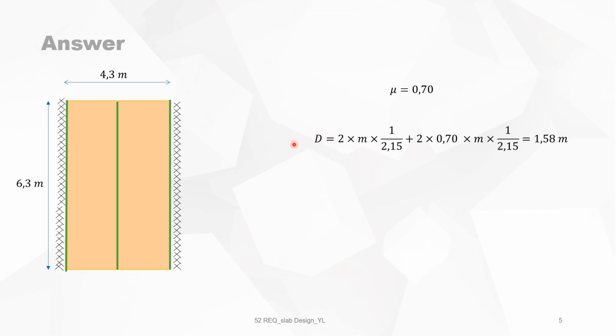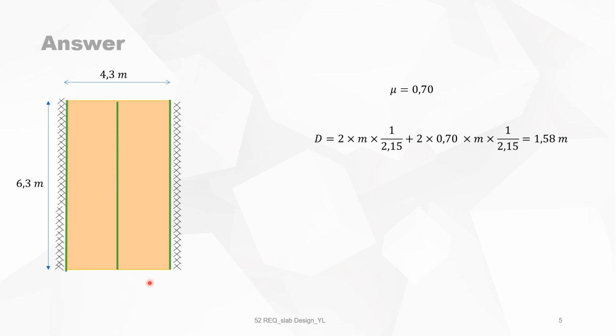Mu is 0.7, so the work done by the internal forces is this yield line projected to this axis of rotation and to this axis of rotation. So we have 2 times m, because this is m, multiplied by the angle of rotation, which is of course delta divided by 2.15, half of this distance.